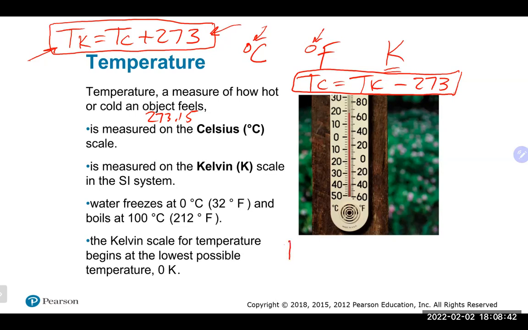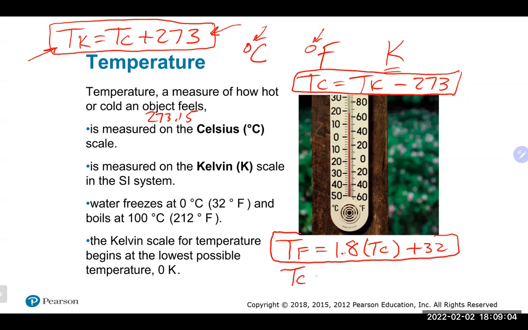If we want the temperature in Fahrenheit, we take 1.8 times the temperature in Celsius plus 32. So that is how we go from Celsius to Fahrenheit. If we needed the temperature in Celsius, that would equal the temperature in Fahrenheit minus 32 divided by 1.8.